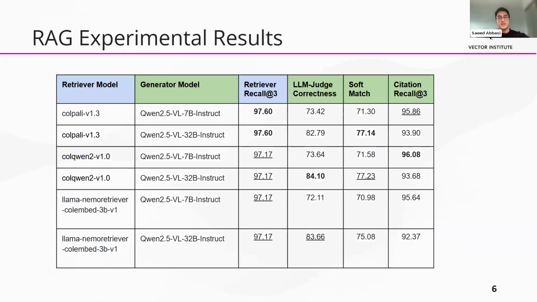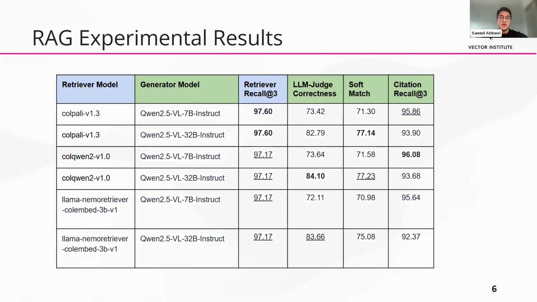Yeah, here you can see a summary of the results we received from the benchmark. We tried, as I said, three different retrievers and three checkpoints of Qwen, of which we have two listed here.